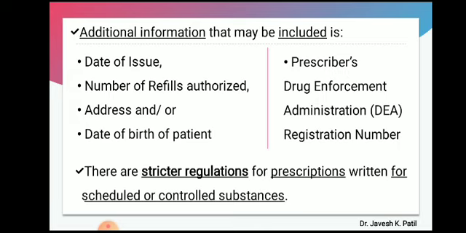The address or date of birth of the patient is several times needed, and there is a special number of the doctor called the DEA number, Drug Enforcement Administration number. If the drugs include controlled substances or scheduled substances, there are stricter guidelines or regulations for them, just to have proper control over their use in prescriptions.